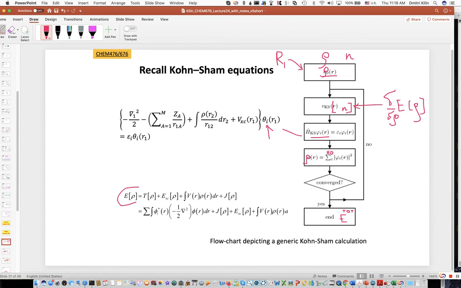So the kinetic energy is expressed in terms of orbitals with the gradient, and then there is a Coulomb term for repulsion.